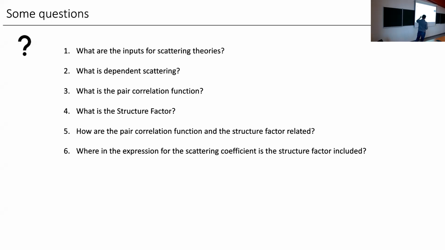Then to describe that dependent scattering, we had two functions, the pair correlation function and the structure factor. Do you remember what they were? Isn't this vector a general vector from which you can extract all the information about the distribution of the particles? No, not what you're thinking of.